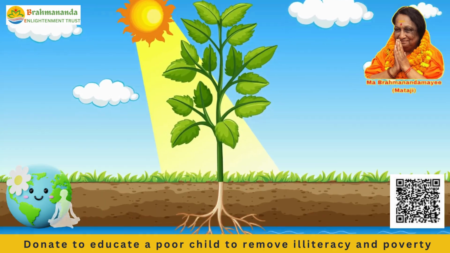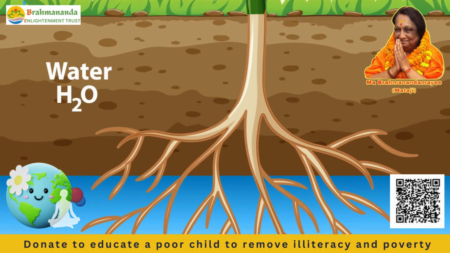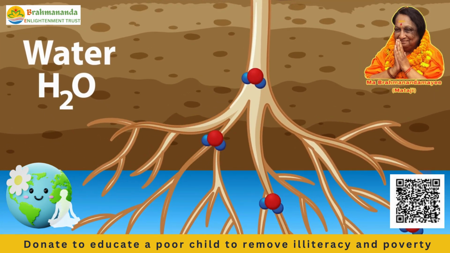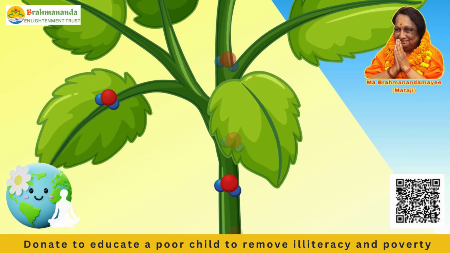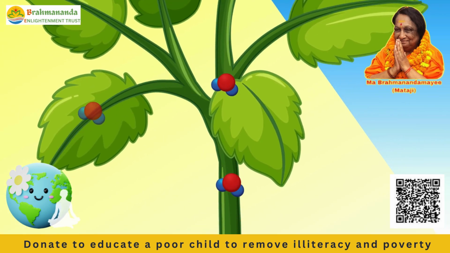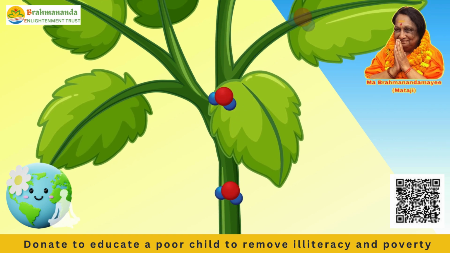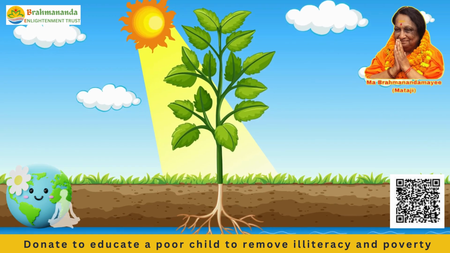Next we will go to the Agni Prakriti, the third one. And what it does in the plants, it governs the metabolic system of the plant and the photosynthetic system of the plant. And in the environment, what does it do?